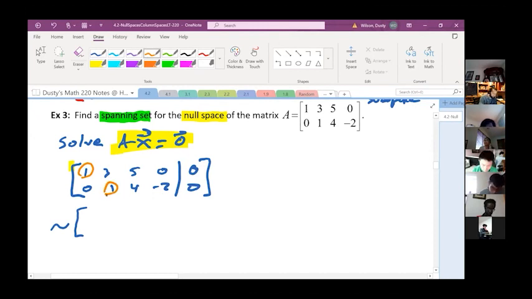So the actual row reduction here is pretty straightforward. You'll end up with 1, 0, -7, 6, 0, 0, 1, 4, -2, 0.